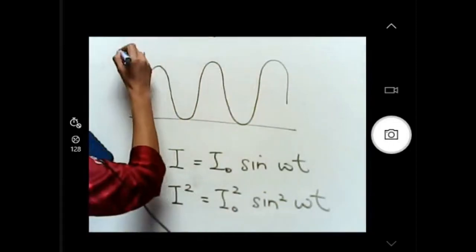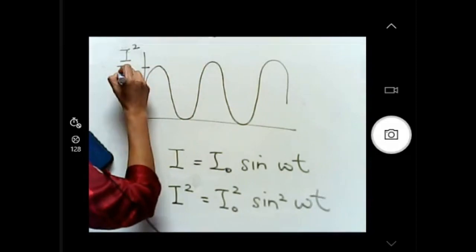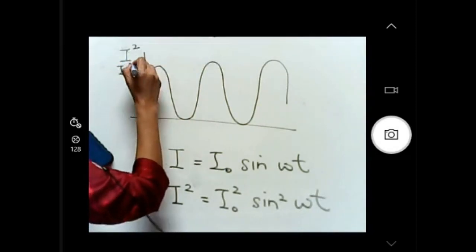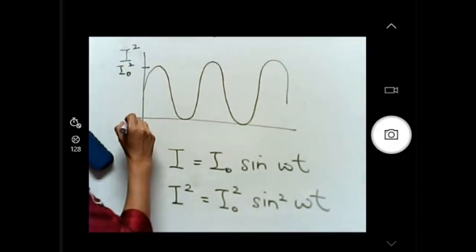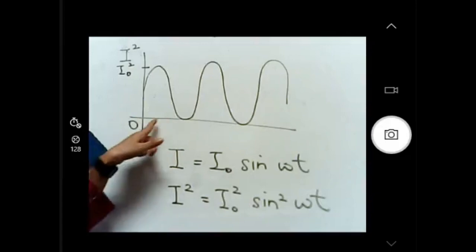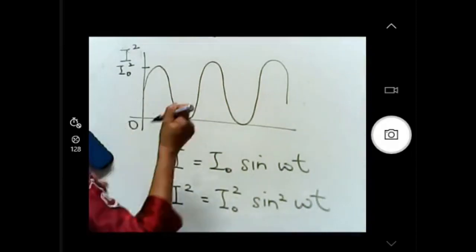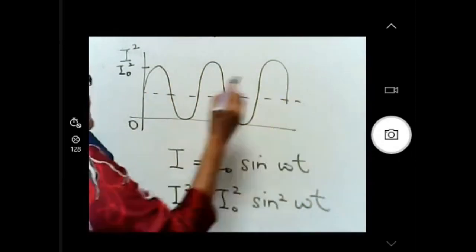So this will be I square, and this will be I naught square, and this will be 0. Meaning our values of I square range from 0 to I naught square. That means the average value should be somewhere here.